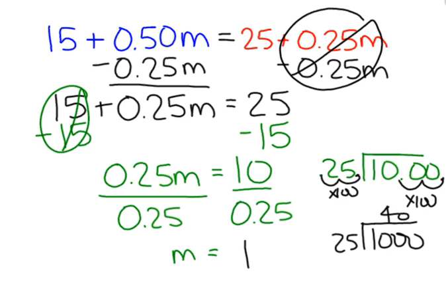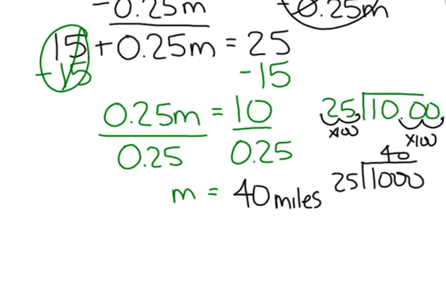So m is going to be 40, and since m represented the number of miles, we'll go ahead and write miles next to it. So again, 40 is the break-even point. That would be something helpful to add to your notes.